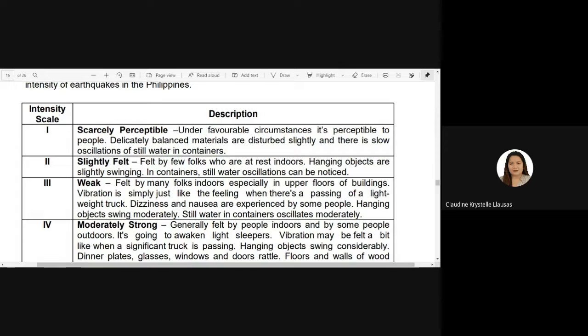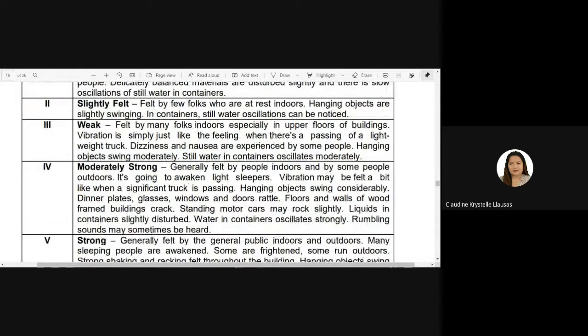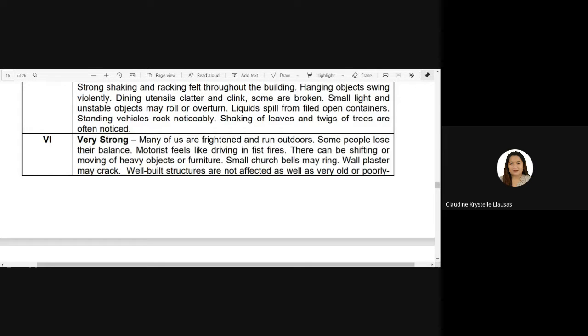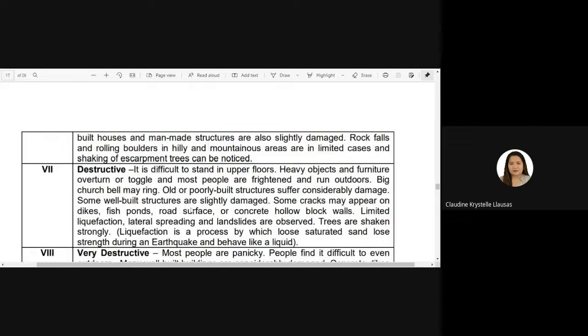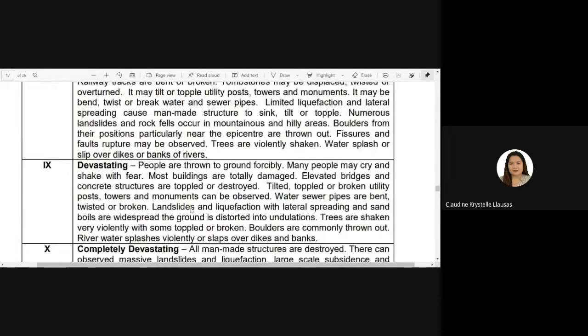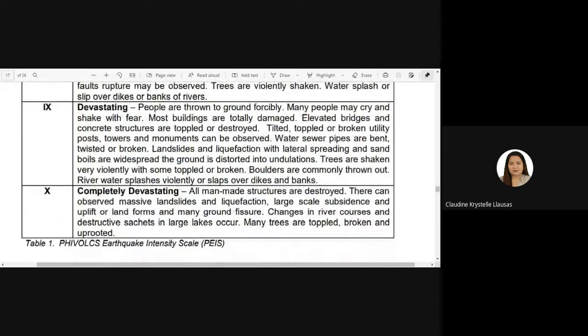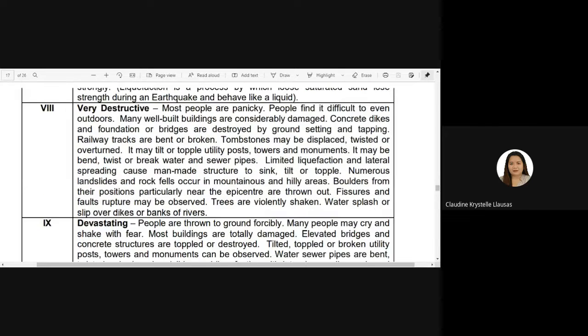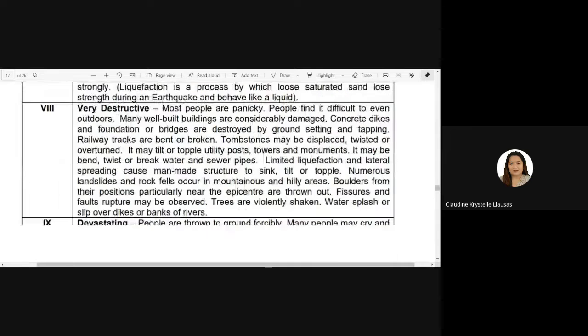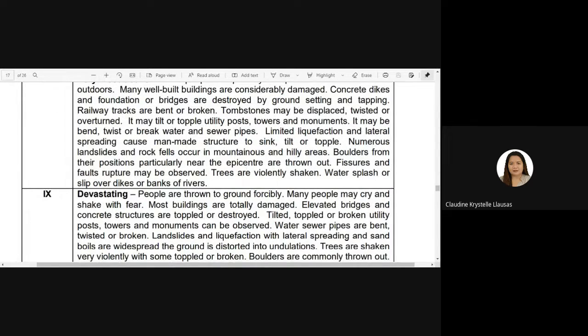Okay, on your screen you can see the different intensity scales: scarcely perceptible, slightly felt, weak, moderately strong, strong, very strong, destructive, very destructive, devastating, and completely devastating. We pray na kani nga mga higher intensity earthquakes dili mahitabo. Kamo nalay basa ani to know the differences in each intensity scale.